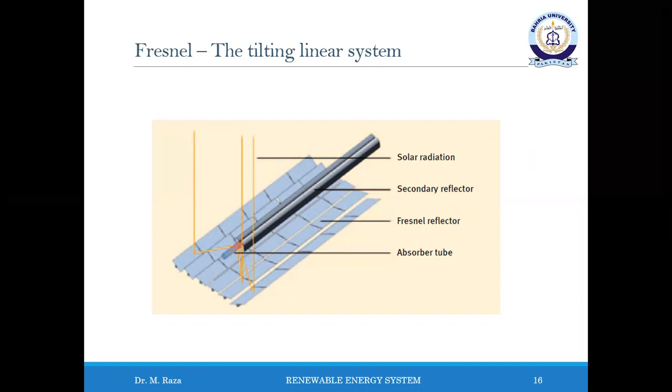The receiver is situated along the focal line and often consists of a metal tube that extends along the entire collector string. The tube is coated with a selective absorber coating to keep the conversion losses as low as possible. A secondary reflector is fixed above the absorber tube.